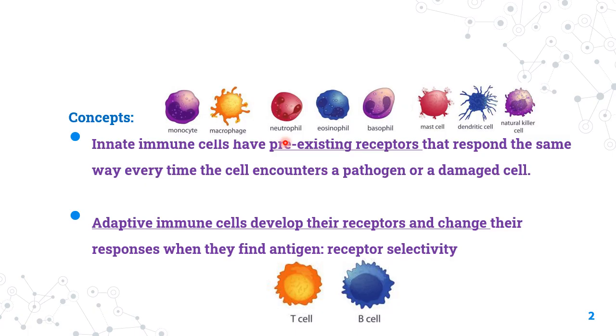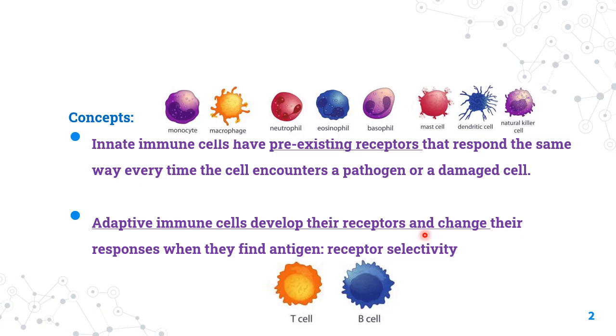But they come with receptors that are already coded by the DNA that is present from before birth. So this is why we say that they have pre-existing receptors. Nothing genetically modifying is going to happen with those receptors.